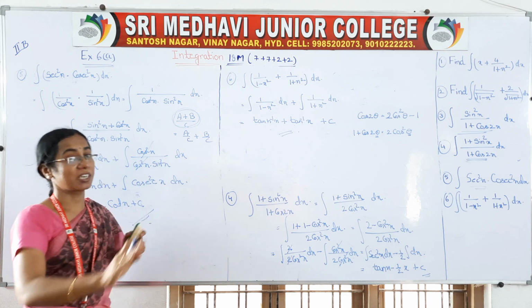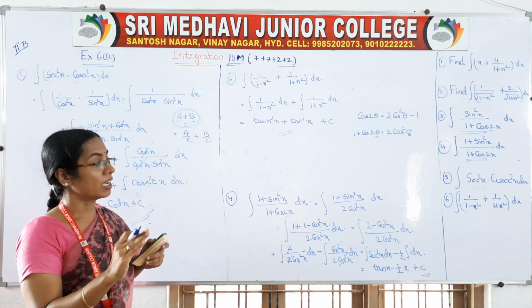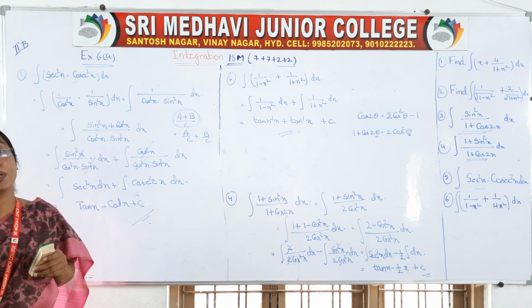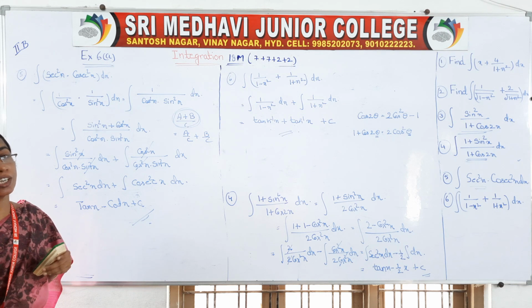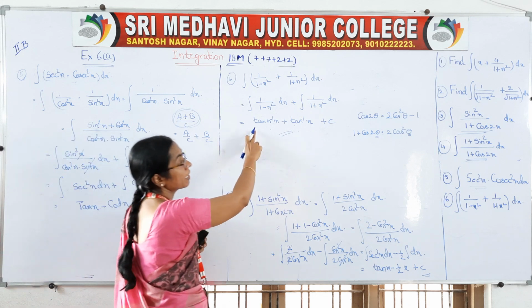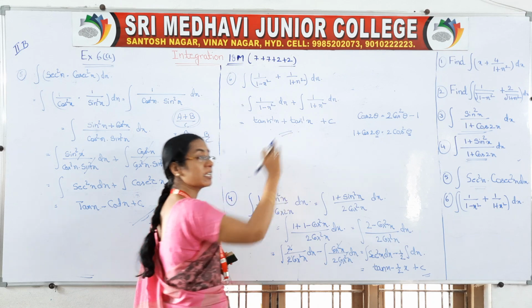plus c. The most repeated, most important thing is that for each and every answer throughout the chapter, till we complete integration, at the end of the answer you have to write plus c. Actually here tan h inverse x plus c plus tan inverse x plus c will be there.